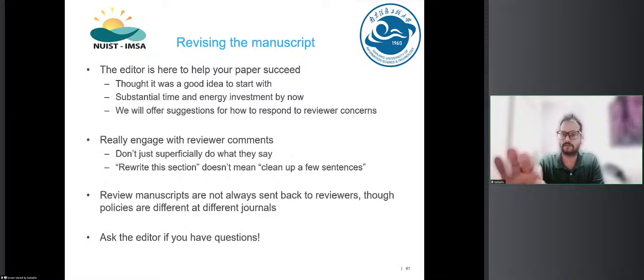This comment seems very useful to improve the quality of the paper. And in line number X to line number Y, we have addressed those comments. So you will write it and you will highlight it. This is how you address or revise the manuscript.